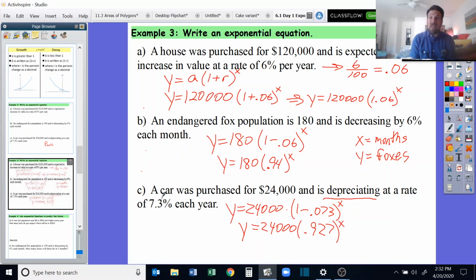That would be 73%. Just like 6% is 0.06, 7.3% is 0.073. And so again, our equation is 24,000 times 1 minus 0.073 to the x power.